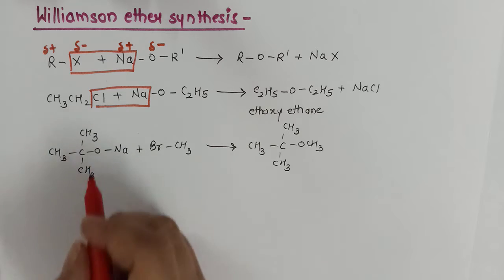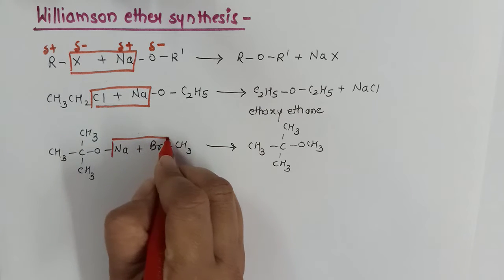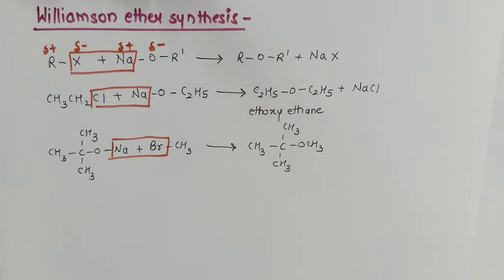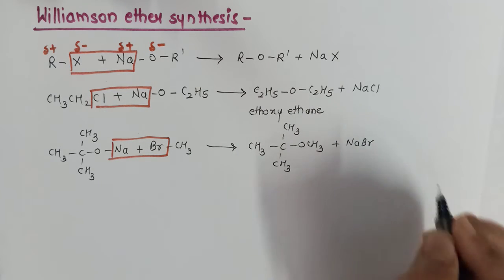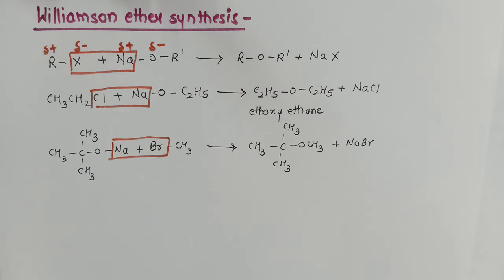The cleavage will be of sodium and here of bromide, giving us sodium bromide. But again, there are many things which we need to keep in mind for this reaction.